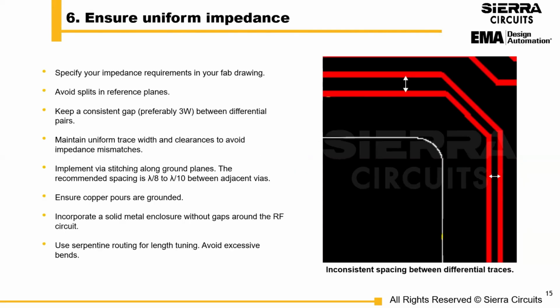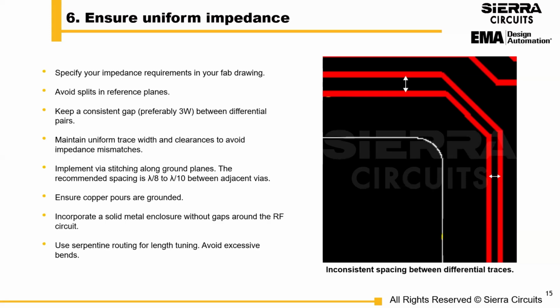To achieve accurate impedance control, we have to stick to these tips to avoid impedance mismatch issues. Ensure your fabrication drawing and design files include all the controlled impedance traces, and avoid splits in the reference planes. Keep a consistent gap, preferably 3 Ws, between differential pairs.